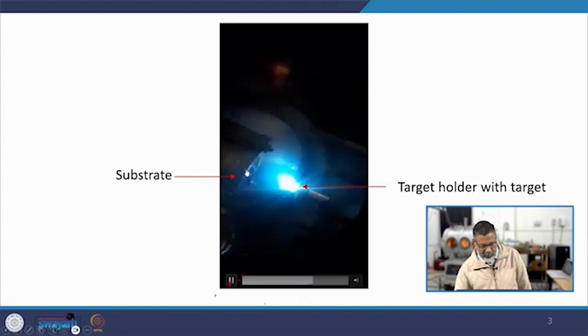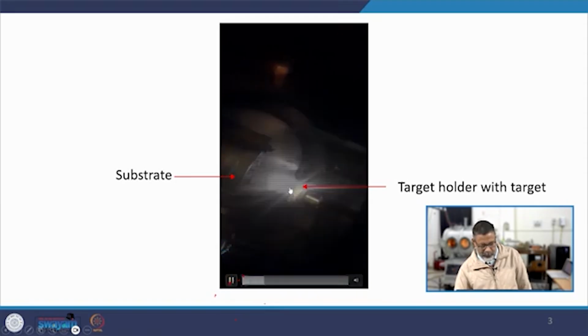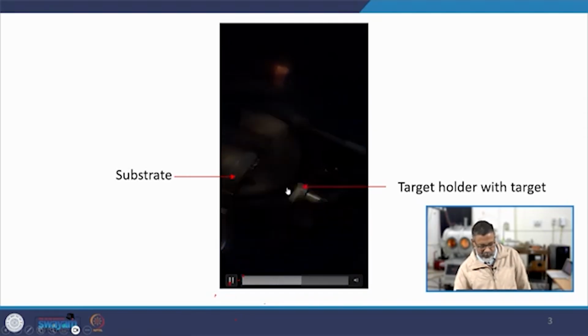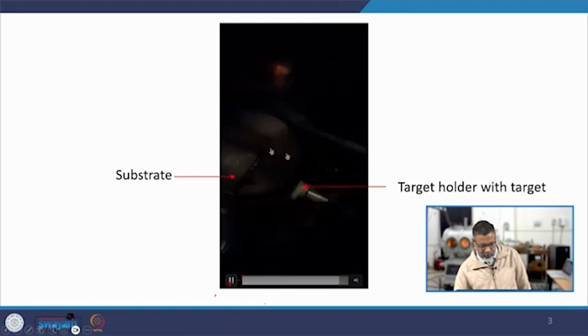This is the substrate where we generally deposit the thin films. So, materials will be ejected at a very high velocity from the target and then just deposit on the substrate, and this is your chamber.